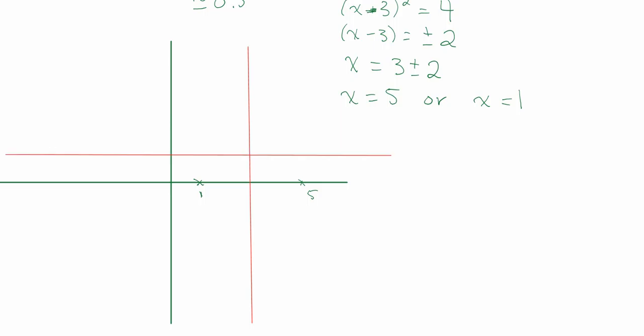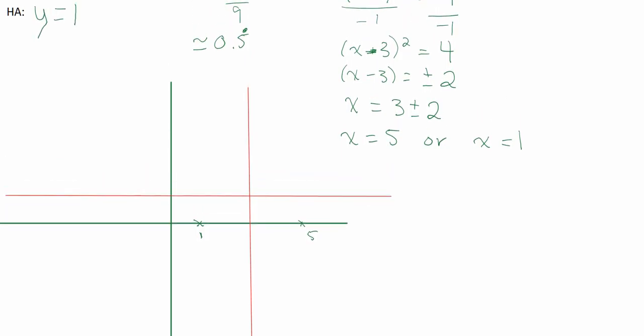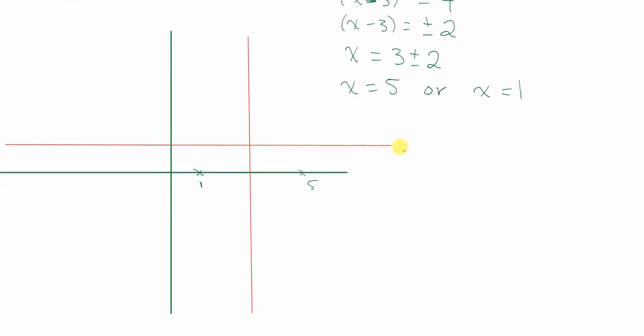And our y-intercept, it's just hiding there, is about just below a half. So if this is at y equals 1, this is at x is equal to 3, our y-intercept is going to be just about there. Okay, so that's at 5/9, or about 0.5.